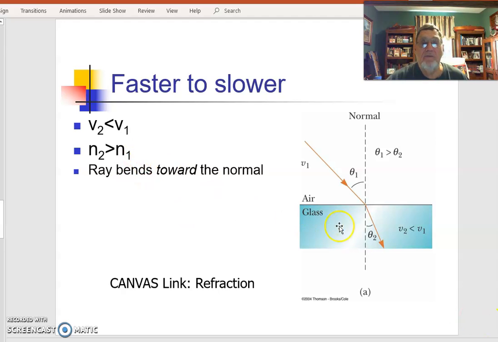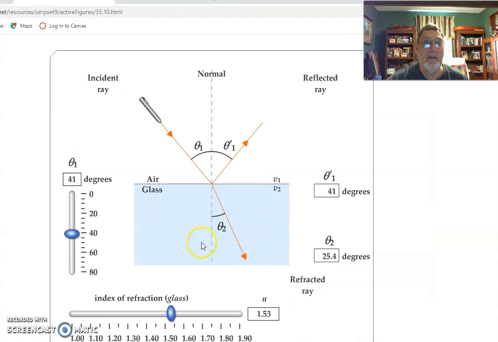So if we go from fast to slow, it bends toward the normal. And it says to go back and look at our link here. So our index of refraction is higher. Now this is reversible, so if I were to put it here, it would go out. So if I'm going from slow to fast, it would be bent away from the normal.